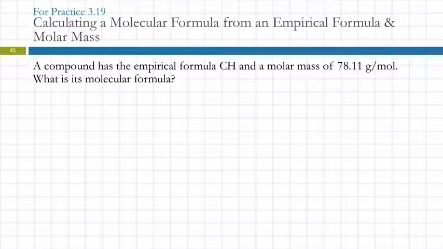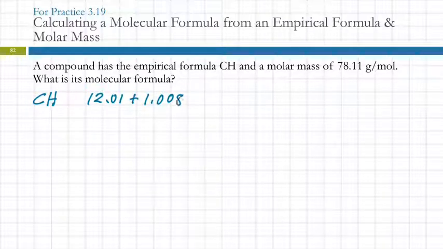Let's do an example of this. A compound has an empirical formula, CH, and a molar mass of 78.11 grams per mole. What's the molecular formula? Well, what's the mass of 1 mole of CH? Well, it's 12.01 plus 1.008, right?